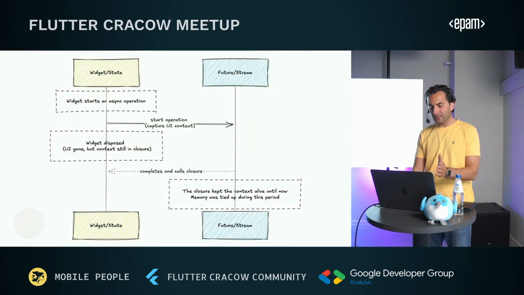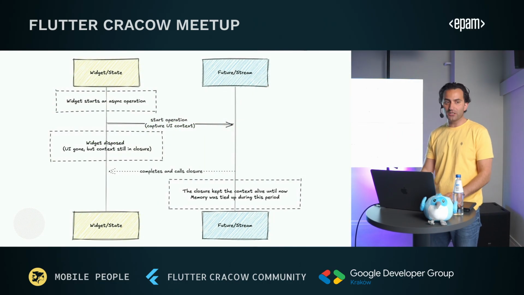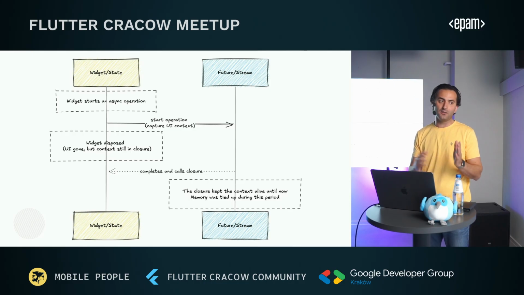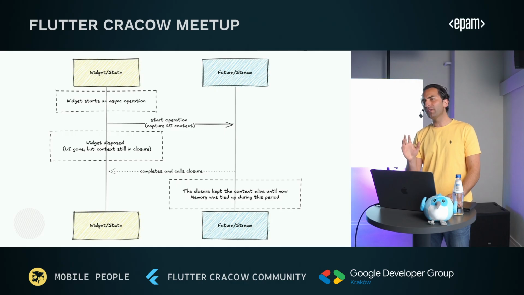Essentially, you have this widget instantiated, then some operation, then you dispose, and still because you have that closure, and you passed the context into it, you probably did that by passing your context to a service at some point later. Don't lie to me. Every developer who starts with Flutter does that. So this is quite normal.